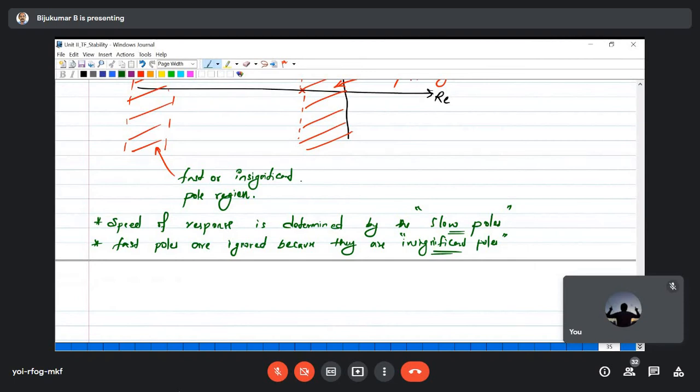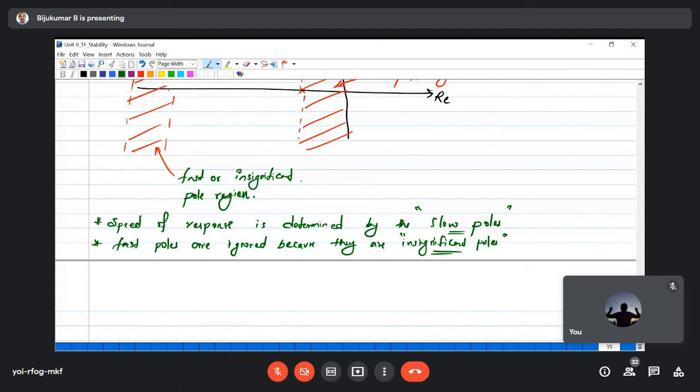See, if the first pole is at some 200, the third pole is at 205, the fourth pole is at some 300. The first one is closer to the origin, right? That pole will decide the output response. So in that case, we can neglect the other two.